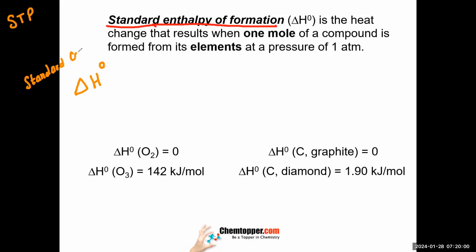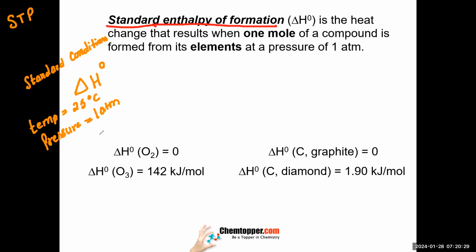No. Generally all the experiments are done at standard conditions. Delta H naught means the temperature is room temperature, that is 25 degrees Celsius, and pressure is the atmospheric pressure, normal pressure on your head right now, 1 atm.